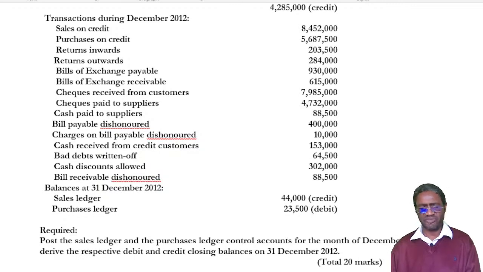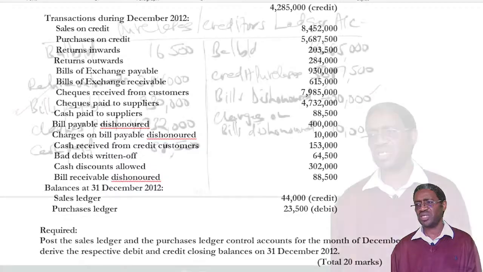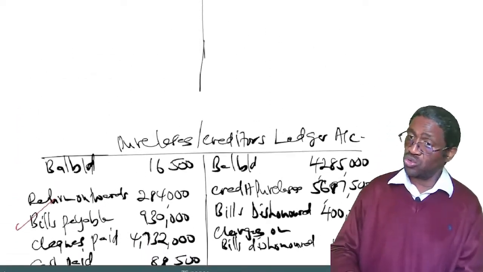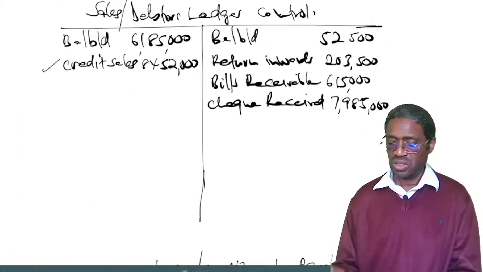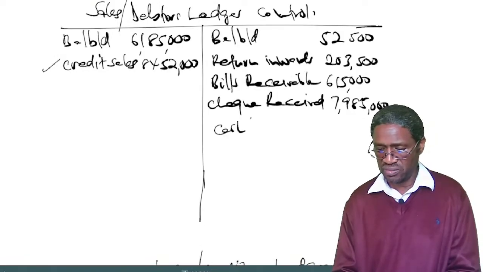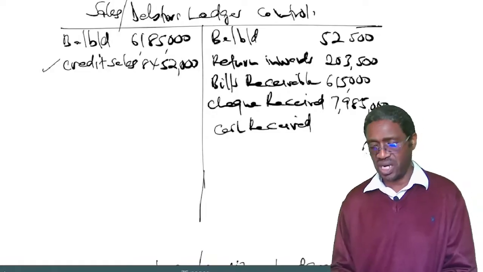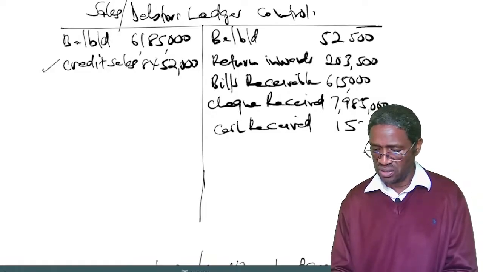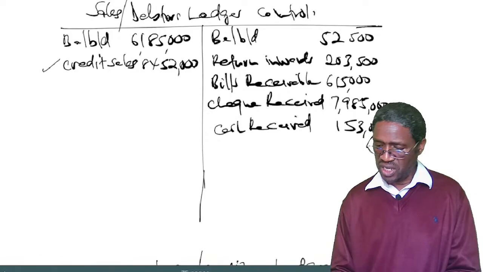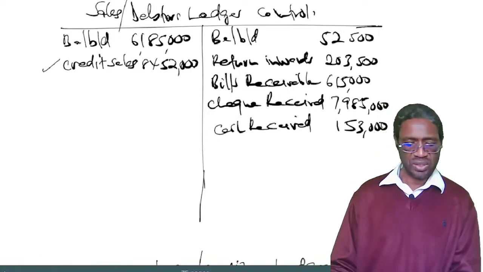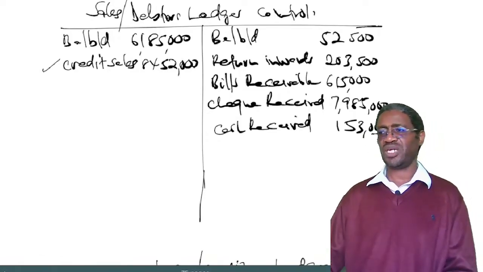How much? 153,000. Come and see your cash received. You go to your debtors account. We just sold goods. Now they are paying us by cash. 153,000. Good. That is it for that one. Next.